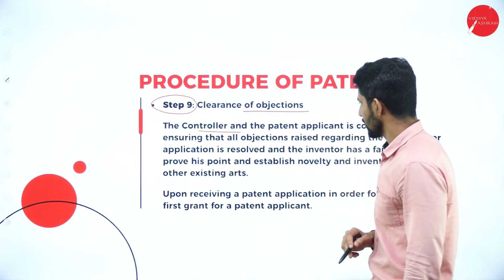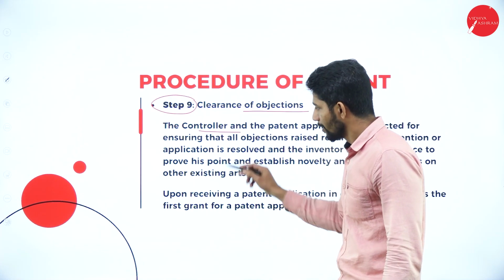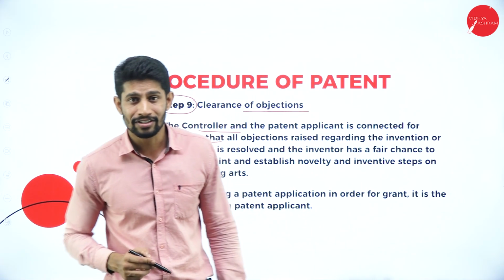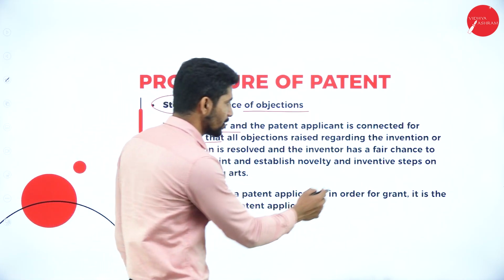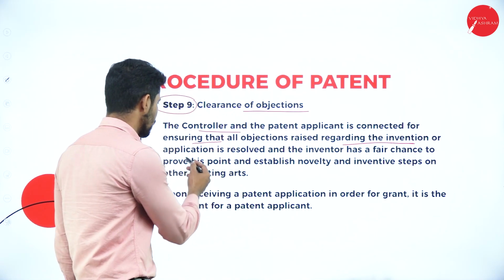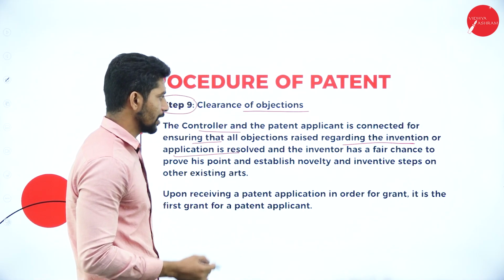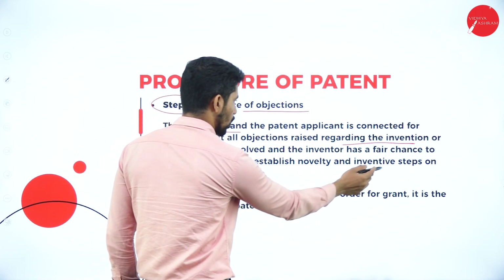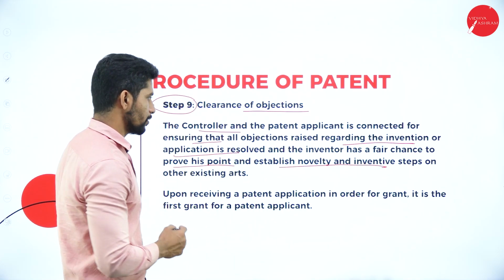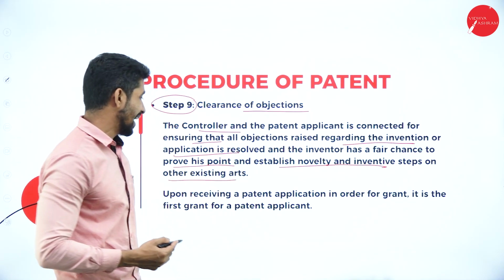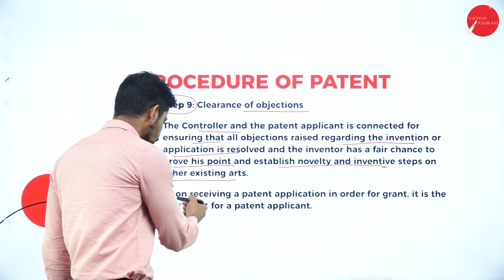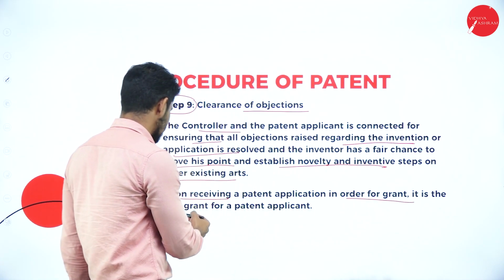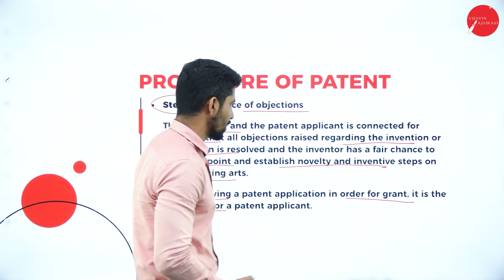The controller and the patent applicant are connected to ensure that all the objections raised regarding the invention or application are resolved, and the inventor has a fair chance to prove his point and establish novelty and inventive step over other existing arts. Upon this, the application is considered for the first grant of the patent.